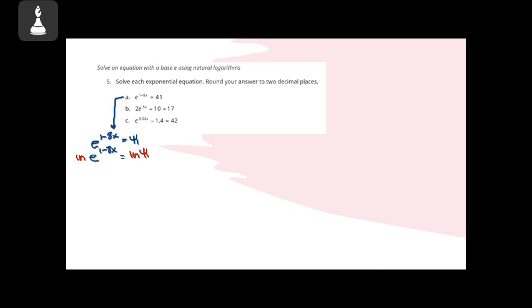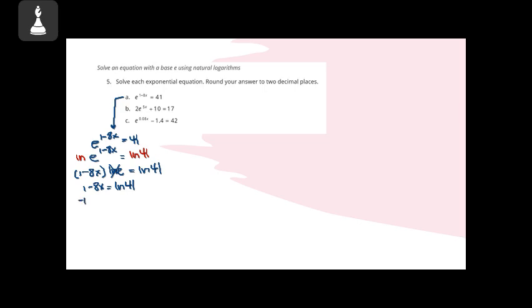So on this side, I've got 1 minus 8x times the natural log of e equals the natural log of 41. Well, that's nice. The natural log of e is just 1, so this piece just cancels out. And I have 1 minus 8x equals natural log of 41. Okay, so to get x by itself, I first need to get rid of this positive 1, so I'm going to subtract 1.